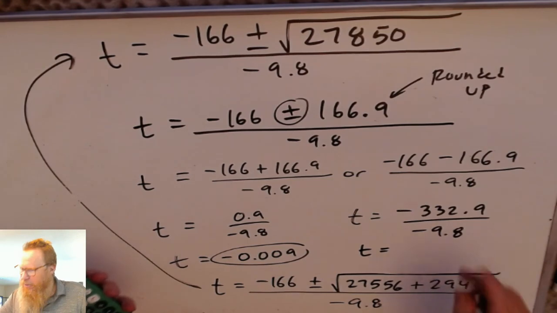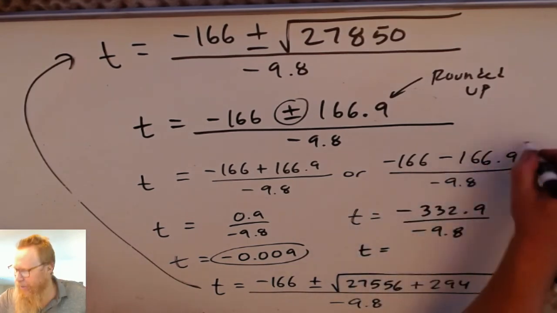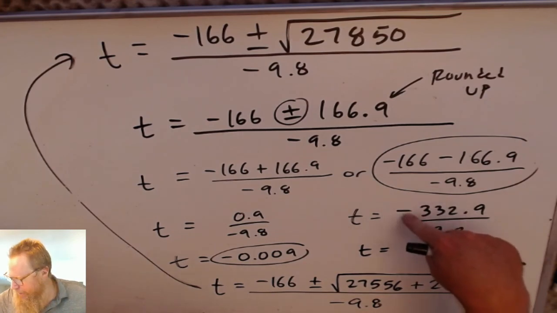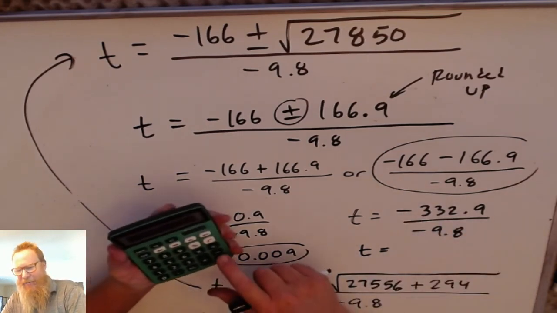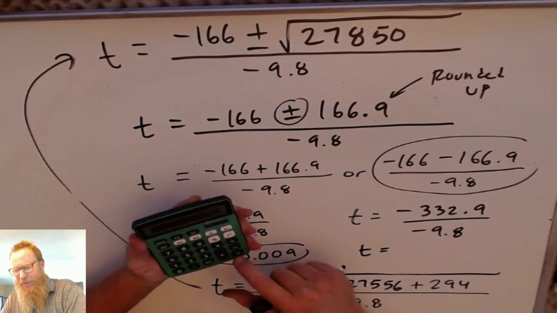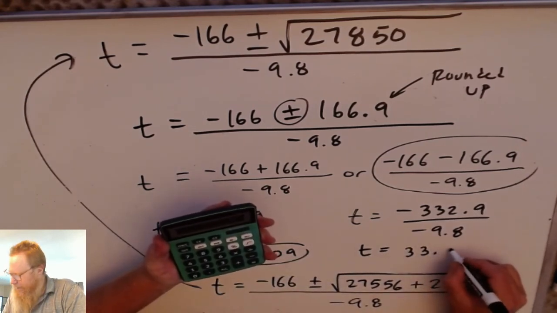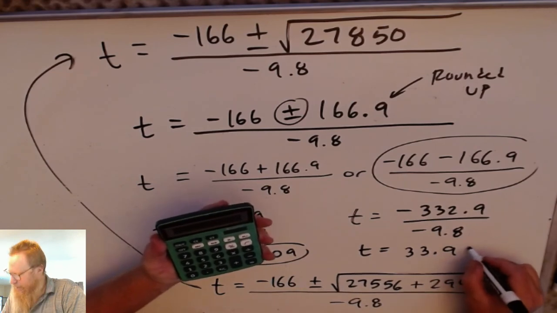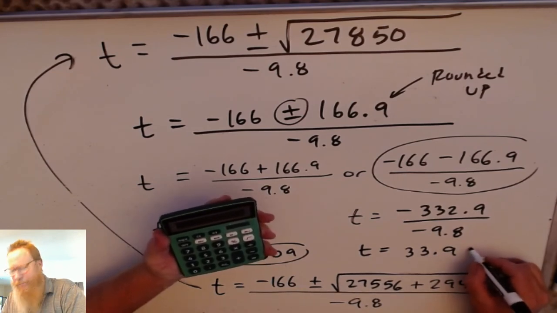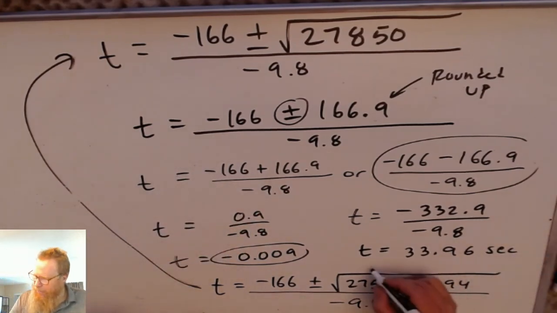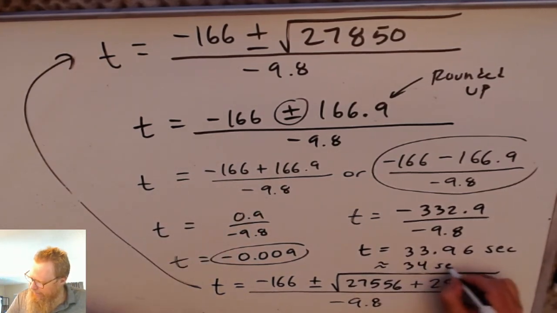So the one that you think might be negative, look, it's got 3 negatives, but when you simplify it, it becomes a negative divided by a negative, which becomes a positive. So about 34 seconds.